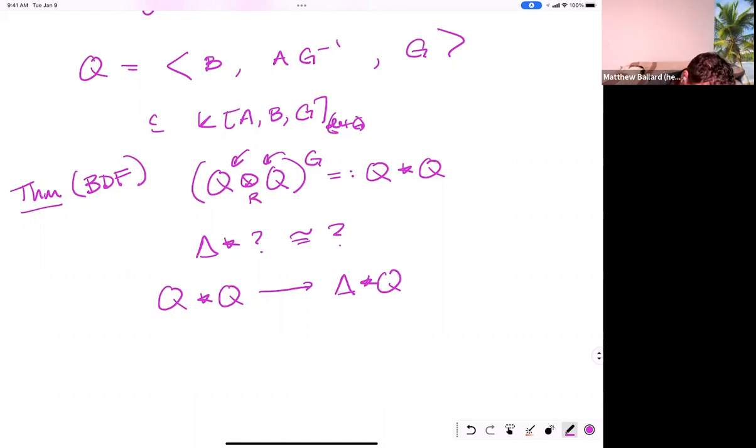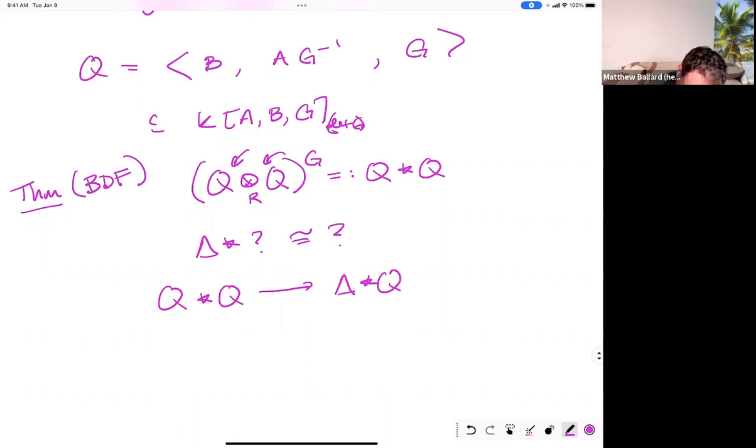So what you have is the derived construction gives you an idempotent bimodule inside here. Okay, so really, what have I done? I've taken R and then I've put it in some model category and I've replaced it.